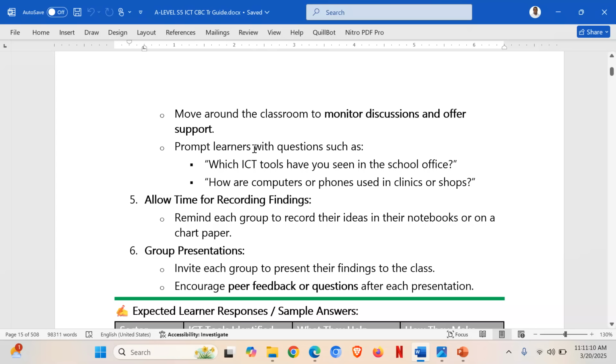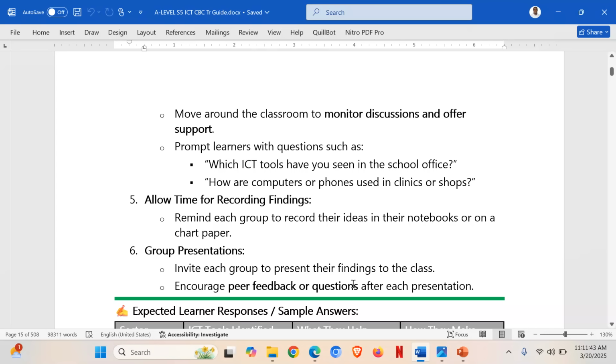You need to prompt learners with questions such as, which ICT tools have you seen in the school office? How are computers or phones used in clinics or shops? Allow time for recording the findings. Then remind each group to record their ideas in their notebooks or on a chart paper. 6. Group presentations. Invite each group to present their findings to the class.